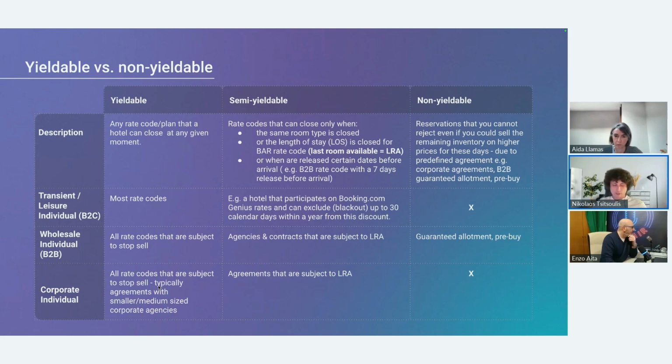Most of our B2B wholesale rates would be as such. But if we are a heavily tour-operated property working with TUI, then maybe we have some guaranteed allotment in place. So this would be a non-yieldable rate code, and that's why it's not subject to stop sale. So obviously, as a revenue management system that is also specialized in resorts, we need to differentiate which rate codes can be closed and which rate codes cannot be closed.